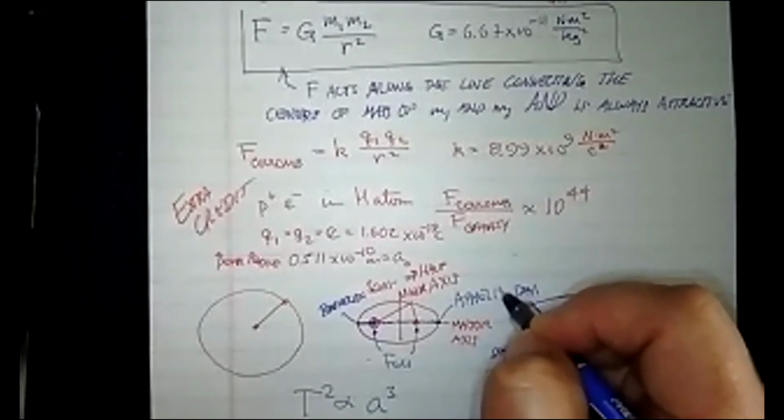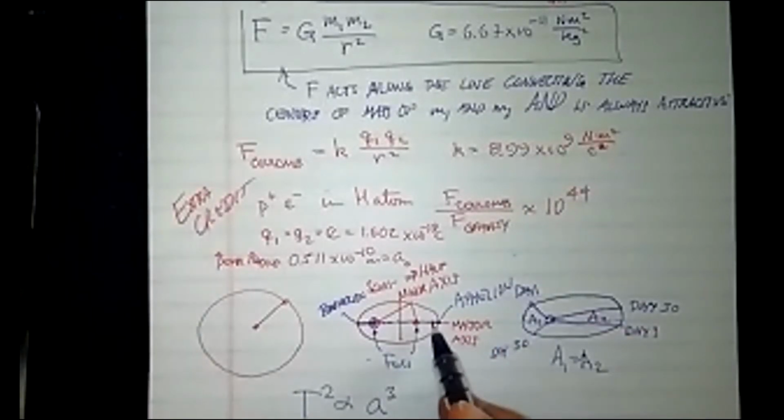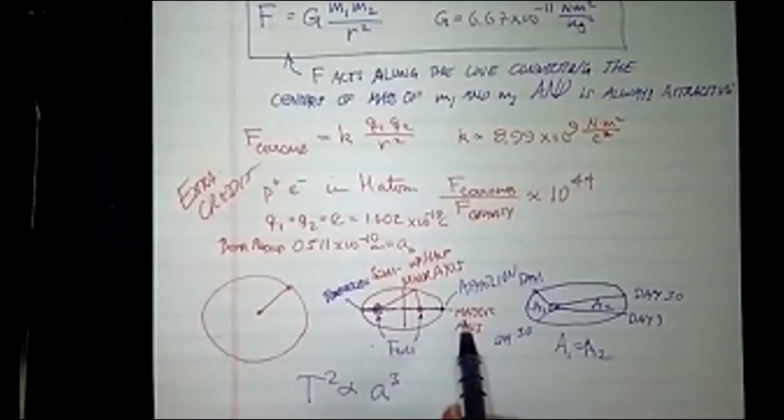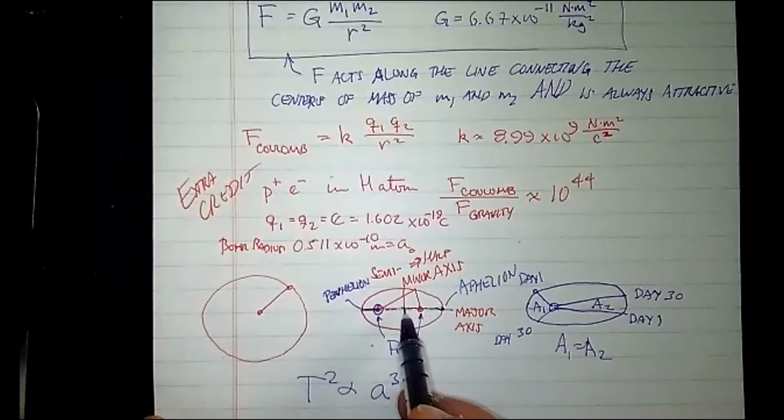And that's when the planet is farthest from the sun. If you take the average of those two, you'd add this little distance plus that distance, and then divide by 2. And lo and behold, what you get is half this whole distance, which is the semi-major axis. So that's why I can say the semi-major axis is essentially the average.